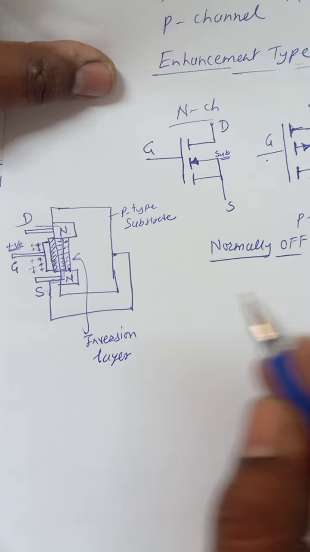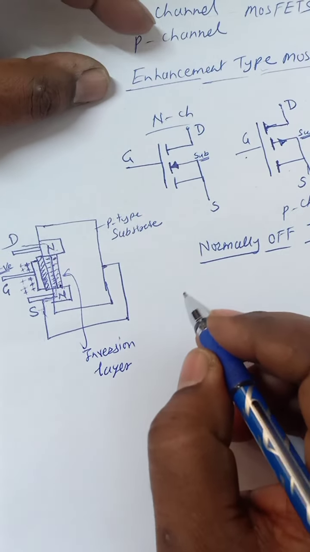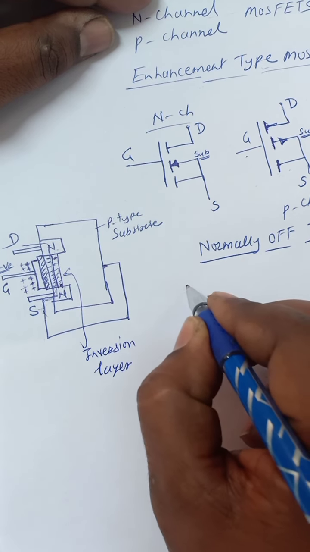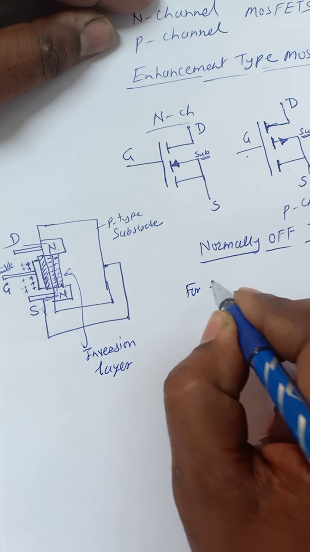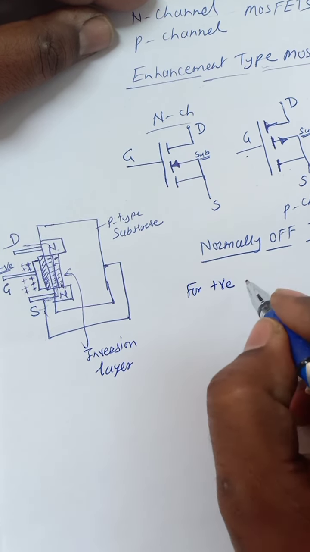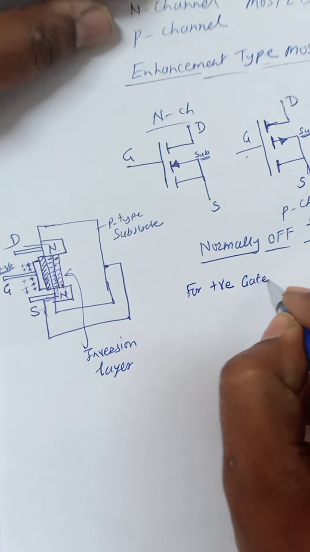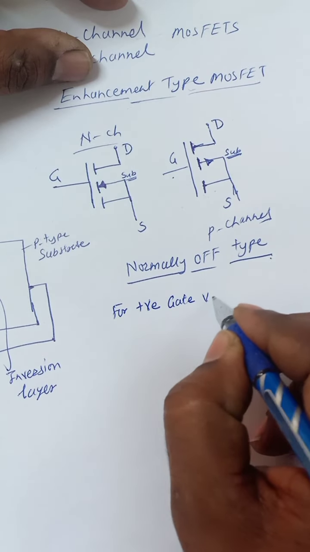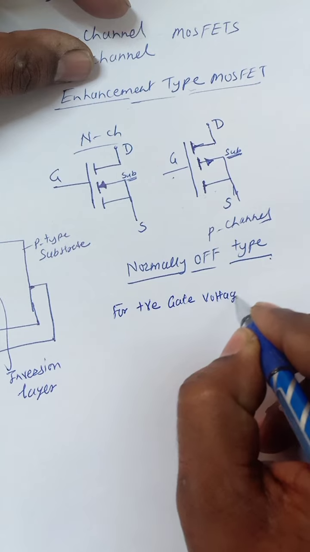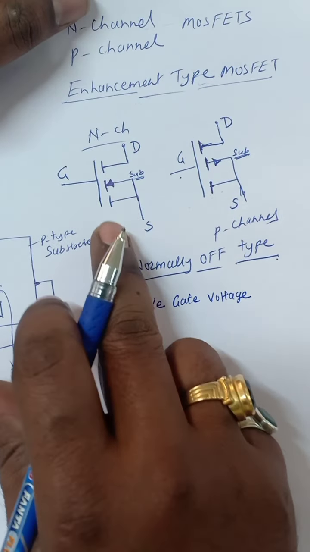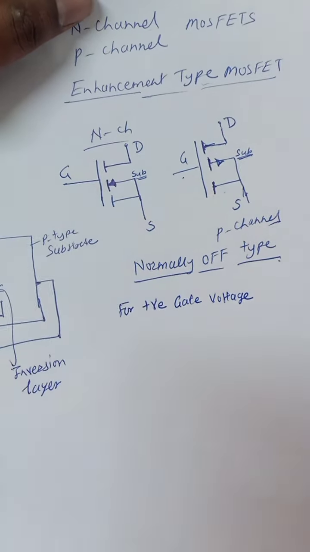So in short, you have to remember this point: the gate is voltage operated, there is no current from gate to source.